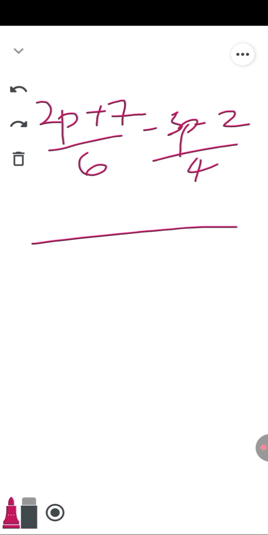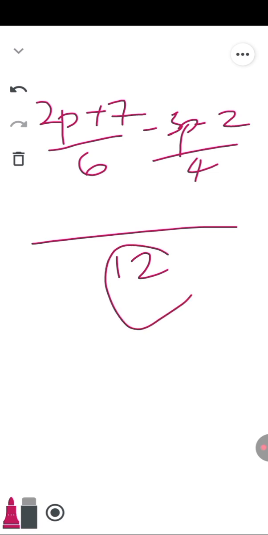Because we call it LCM, the lowest common multiple. LCM means the lowest number that is a multiple of 6 and a multiple of 4. So is 12 a multiple of 6? Yes. What do you mean by multiple? It means a number that when you multiply with 6, you get 12, right? 6 times 2 is 12. 12 also is a multiple of 4. 4 times 3 will give you 12.